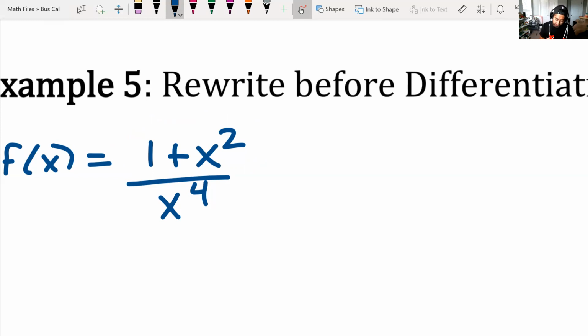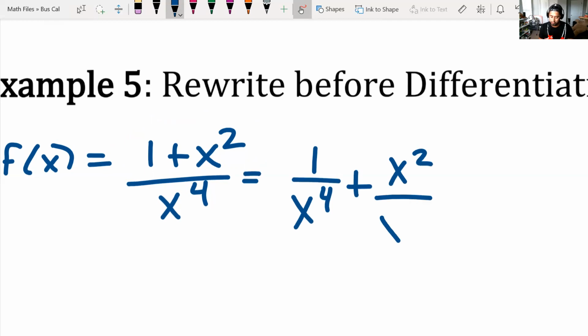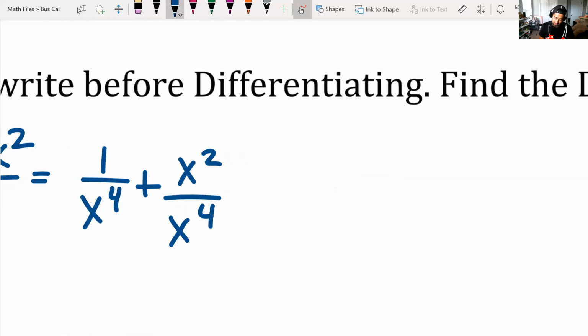So this fraction can be rewritten as 1 over x to the fourth plus x squared over x to the fourth. We have now split the fraction into two pieces, which means now we can simplify and rewrite.